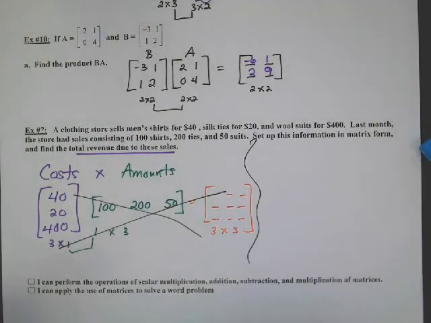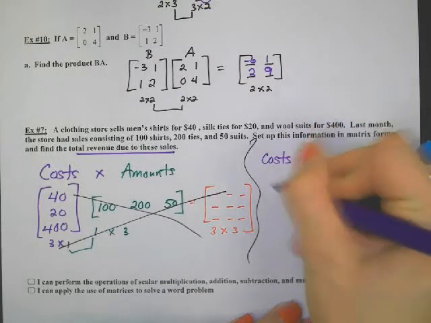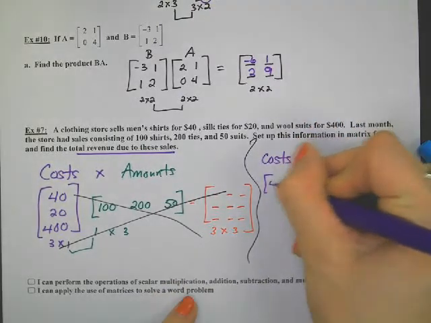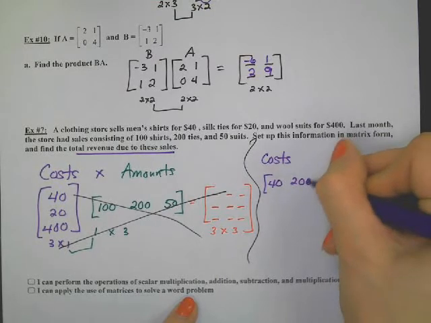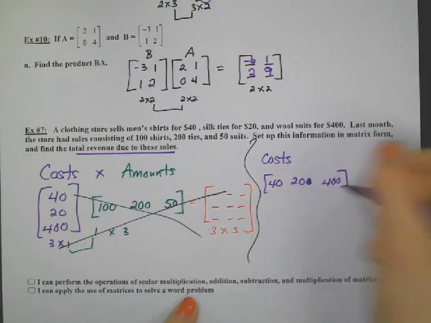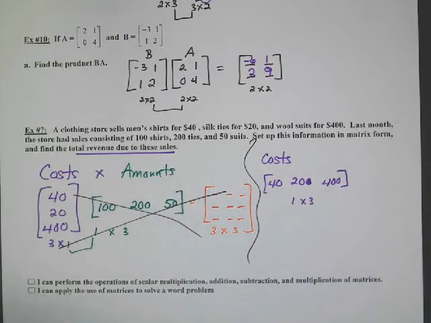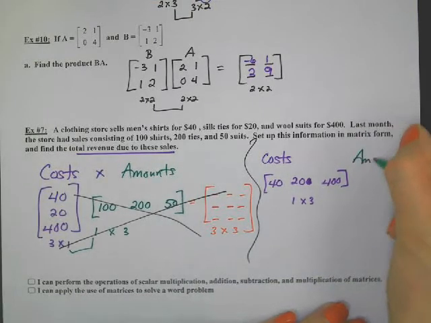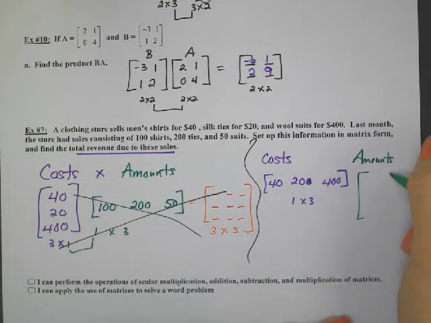Let's try this again. What if I did the costs 1 by 3? 40, 20, and 400. This is 1 by 3, which means I'm going to have to do the amounts as 3 by 1.